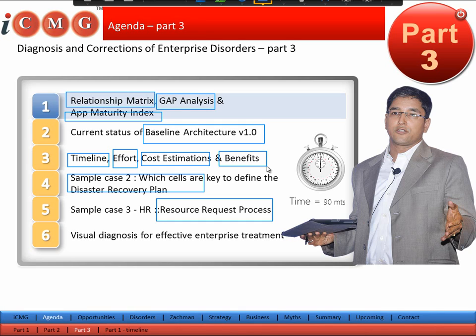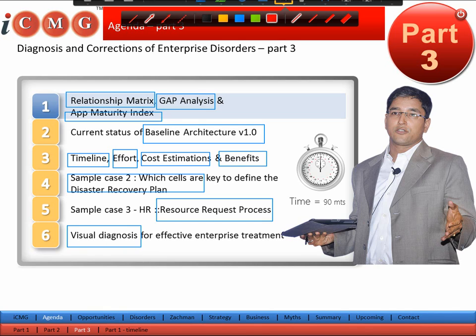Very importantly, we'll look at visual diagnosis and why it is important. You're going to see that these are not very complex.